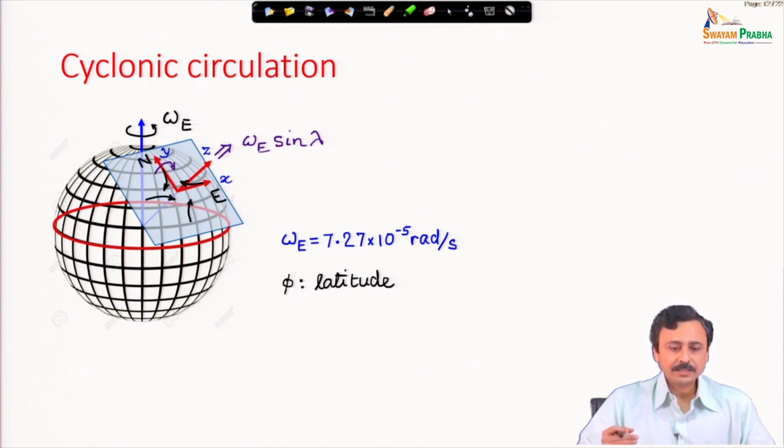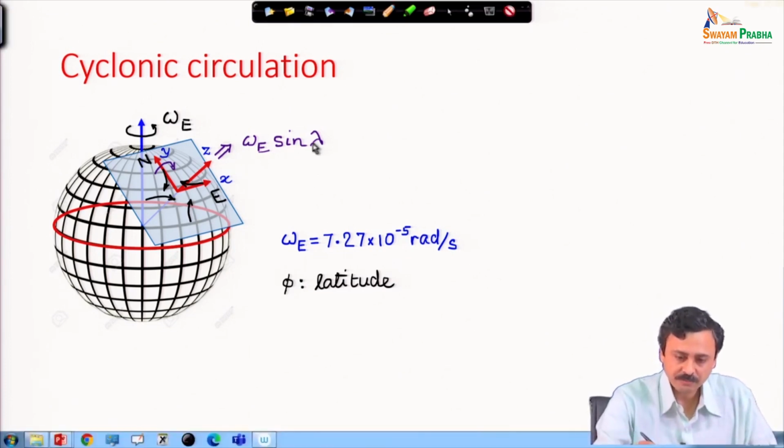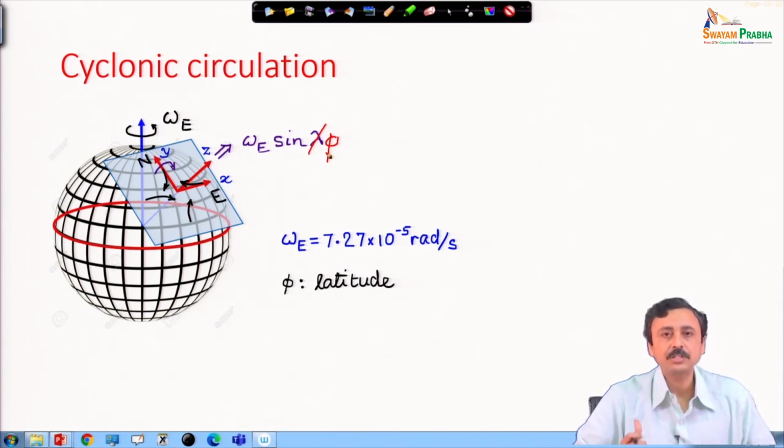Therefore, these particles will curve to the right. The rotation is counterclockwise as seen from the top in the northern hemisphere. If phi is positive, which is the case in the northern hemisphere, this angular velocity is counterclockwise as seen from the top, therefore the air particles will veer to the right.